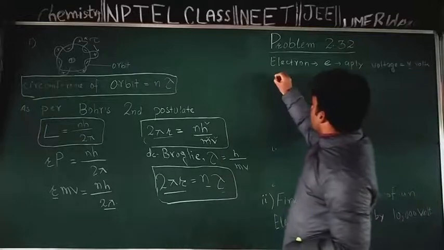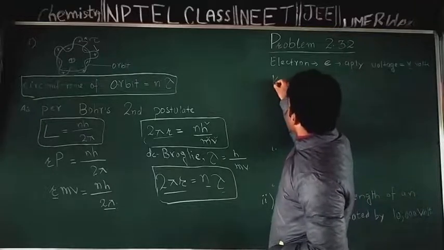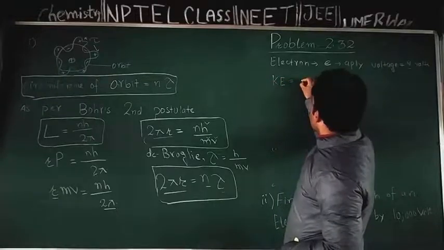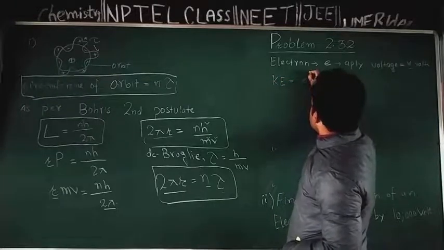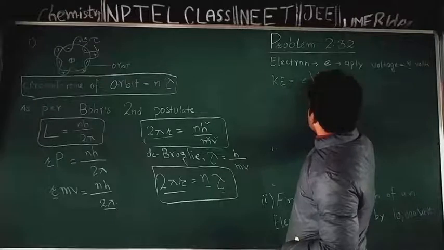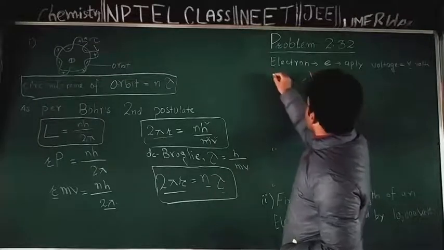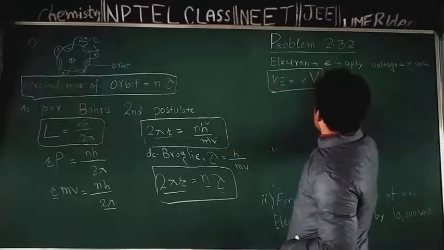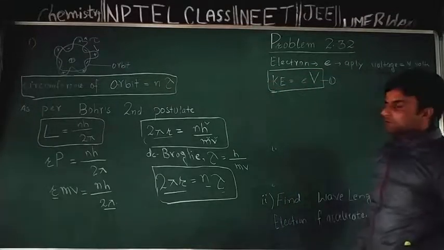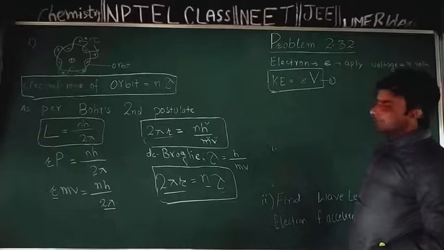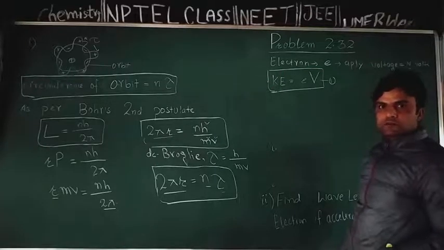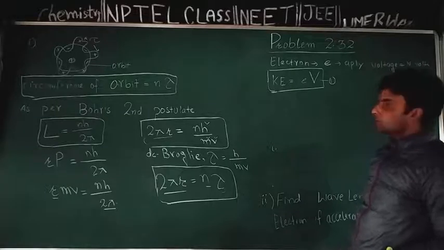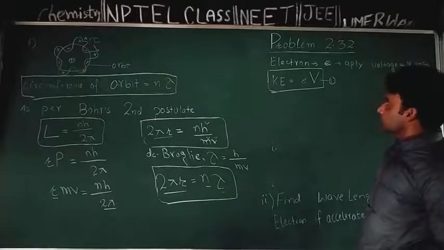It is bound to have energy, it is bound to have kinetic energy, and kinetic energy will be equal to the product of the magnitude of charge on the electron and the potential in which the electron is present. Let me label this as equation 1. Equation 1 gives the kinetic energy of an electron when it is in a force field of potential V, when it is under potential difference equal to V volt.